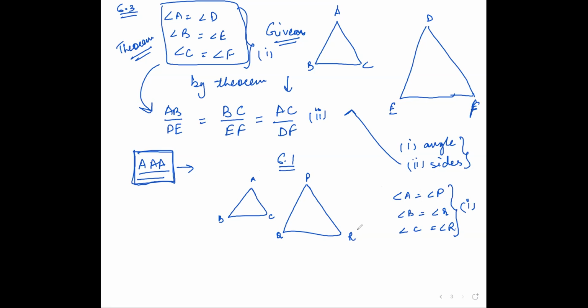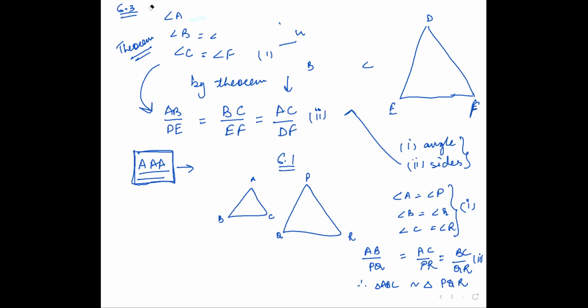Then we were checking whether the sides are in proportion or not: whether AB upon PQ is equal to AC upon PR is equal to BC upon QR. If this is also equal, the second condition is also satisfied, and therefore we were writing that triangle ABC is similar to triangle PQR. So here also, Martin, let me discuss it again. There's some confusion.